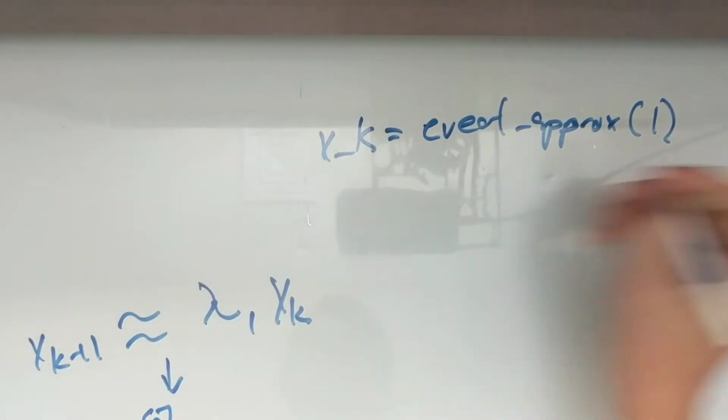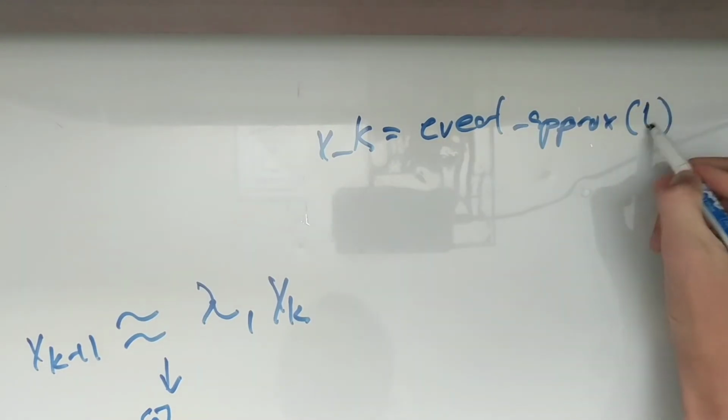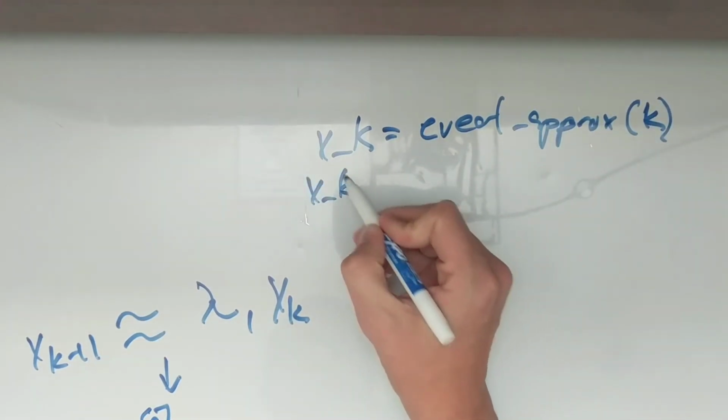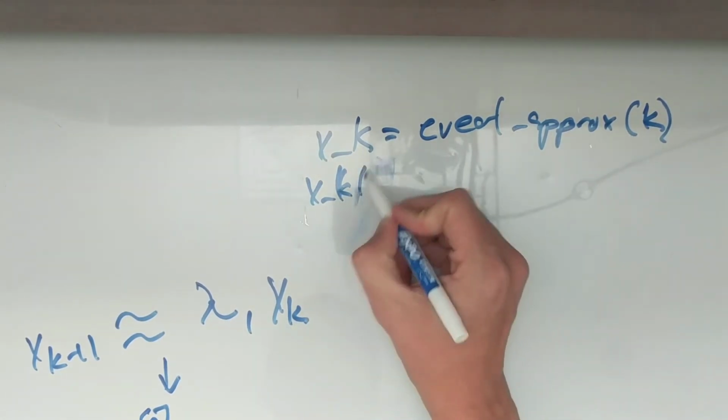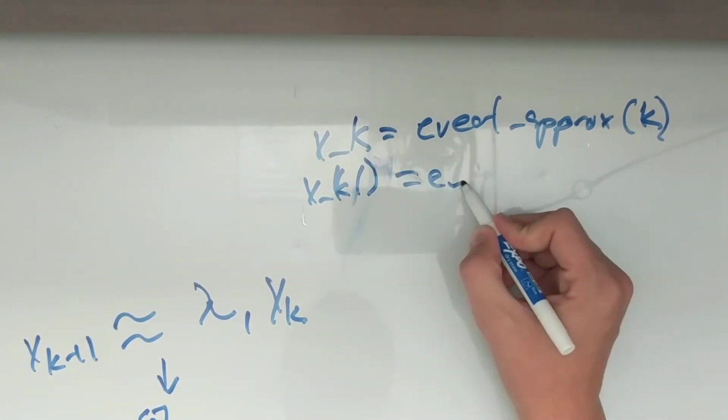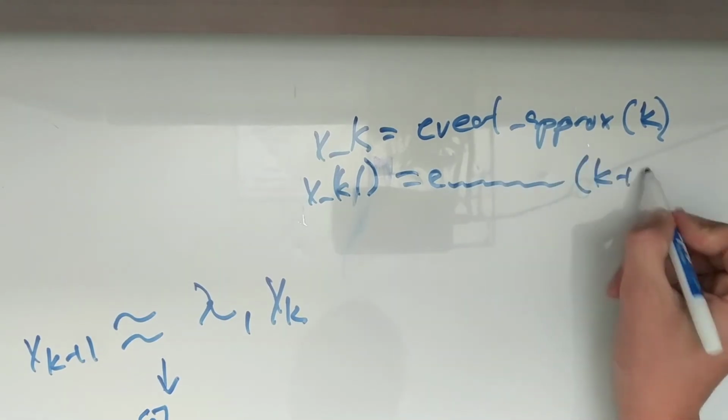There. Sorry, that's not 1, that's k. Whereas x sub k plus 1, maybe something like x sub k1, I think Python likes that better, is the same thing, except you plug in k plus 1.